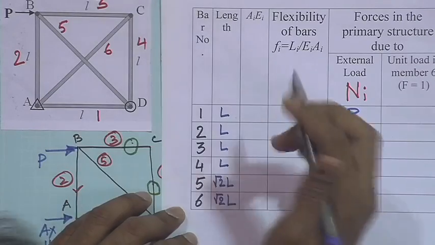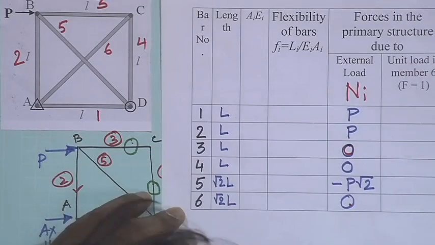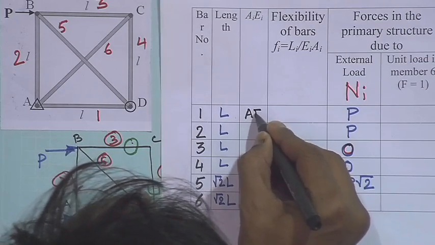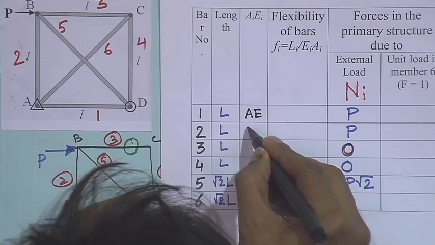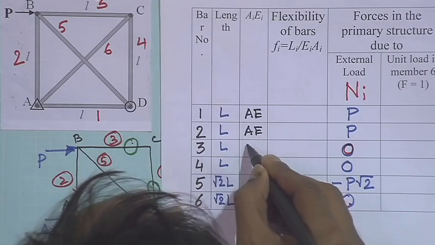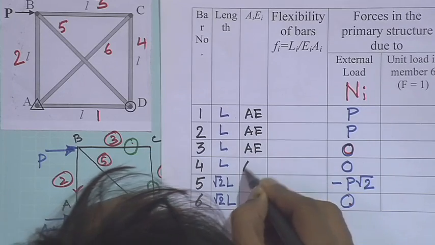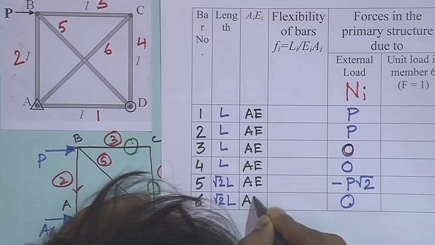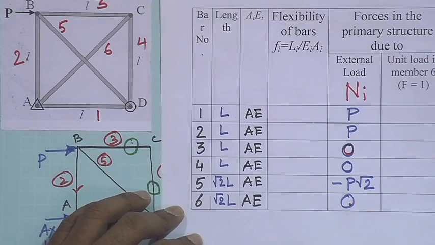All these members have the same A and Young's modulus, so AE is the same for all, but in some problems these values may be different for different members.